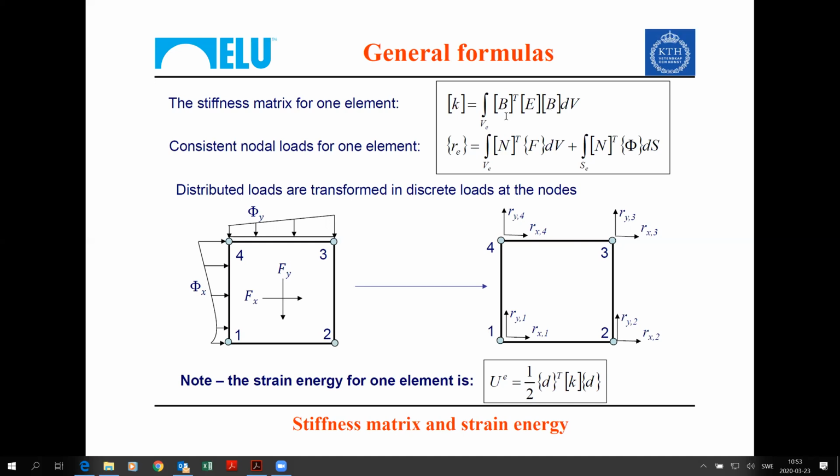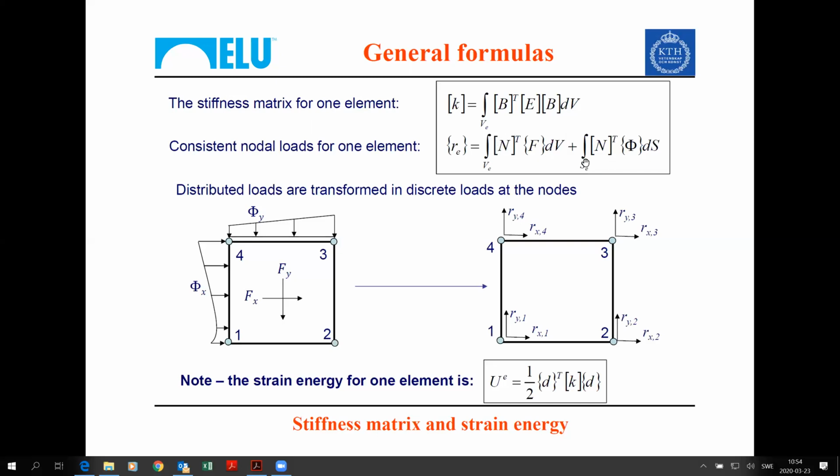Sometimes analytically, if not numerically, we'll see that a bit further on during the course. We will be able to compute this integral, which actually means that we perform the matrix multiplication and then in the result, we integrate term for term. The consistent nodal loadings is this one.